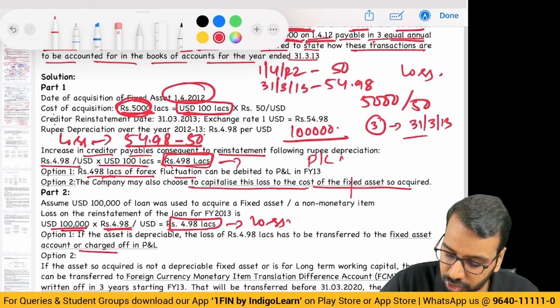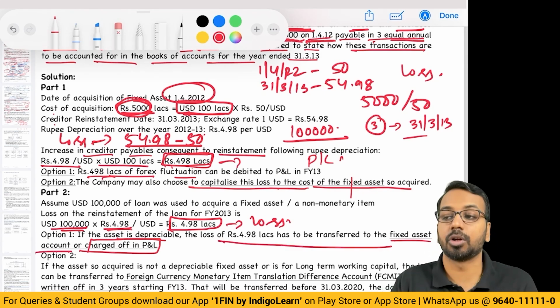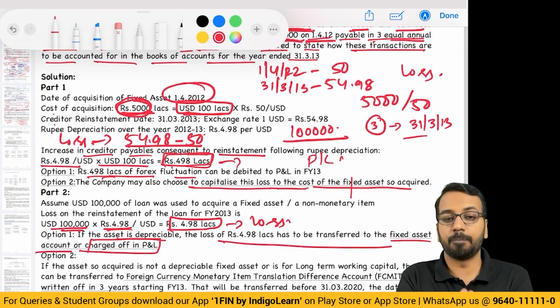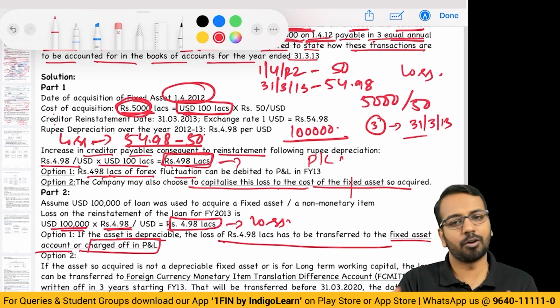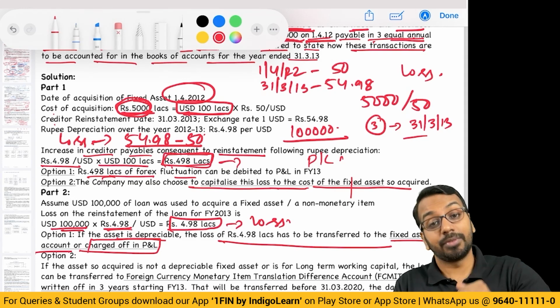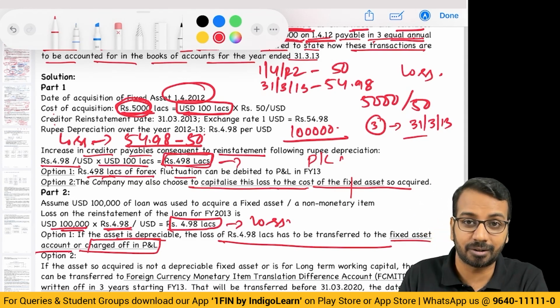You can charge it off to P&L, or if there is a depreciable asset, you can add it to the fixed asset account. So first option, 4.98 lakhs has to be debited to P&L. That is the default option. Sir, we can make the assumption that it is in respect of acquisition of a depreciable asset.